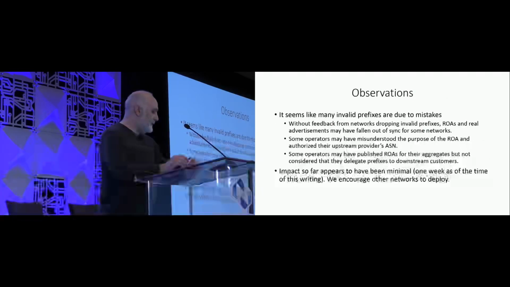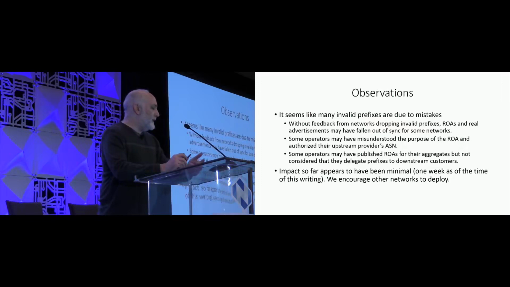Just a couple of quick observations on what we saw. Most of the invalid ROAs that are out there seem to be mistake driven. So far there hasn't been very much operational impact to getting it wrong, so it's very easy for those ROAs to fall out of sync with what you're actually advertising in your network. In some cases, we think some operators may have misunderstood what's supposed to go into the ROA.